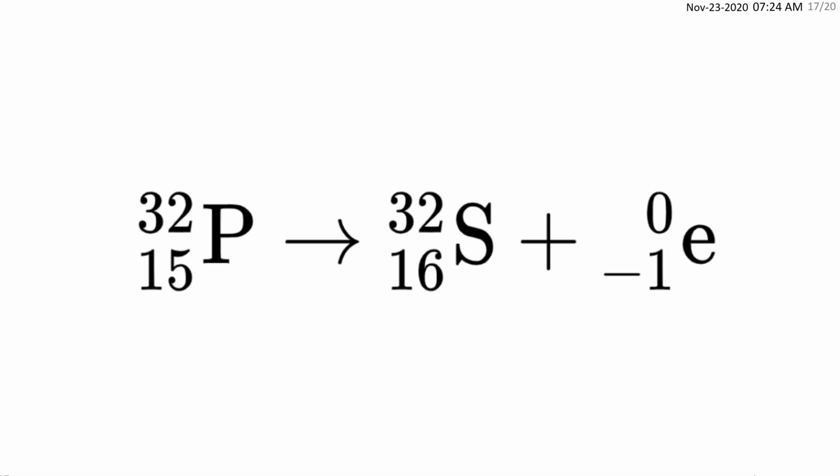Another type of nuclear decay involves a beta particle. This is called beta emission. We still have all the hallmarks of a nuclear decay. In this case, the identity of the element goes from phosphorus to sulfur.